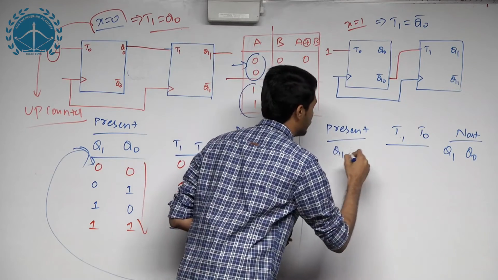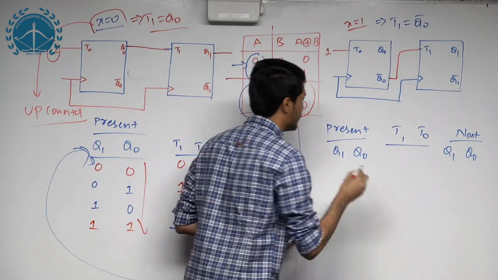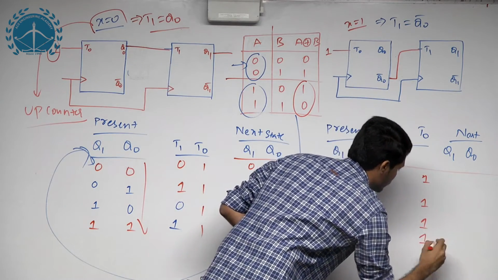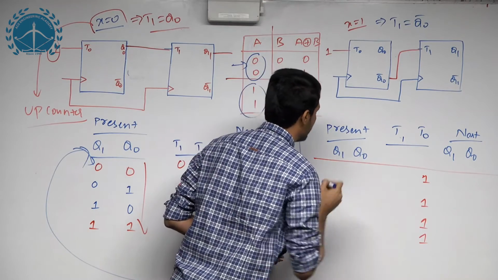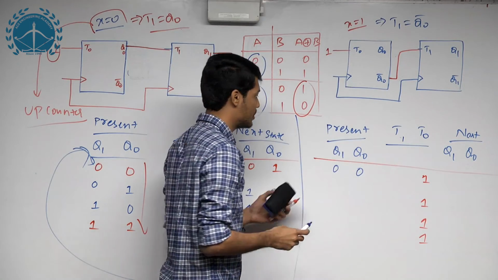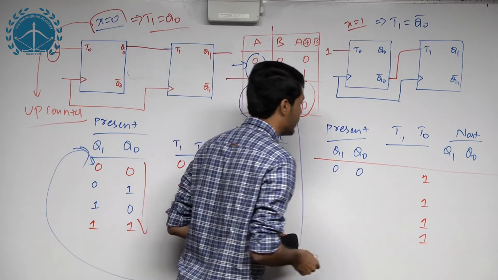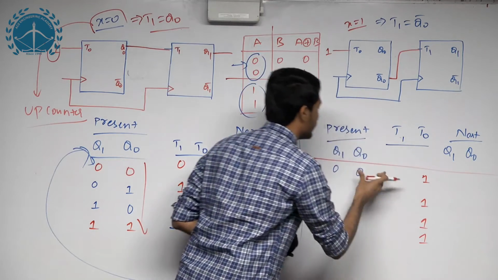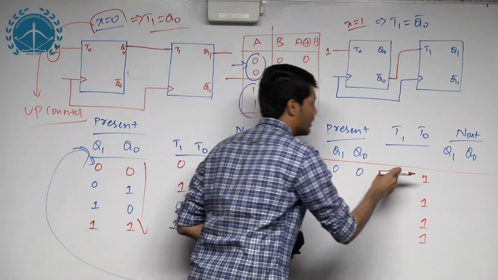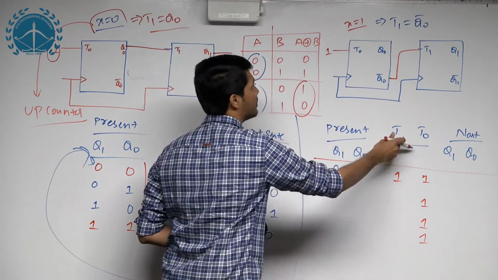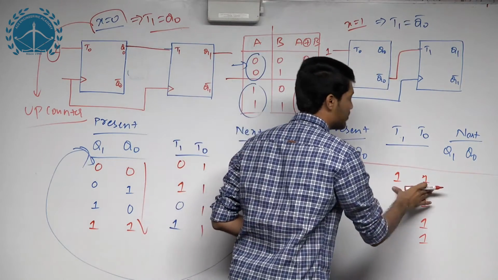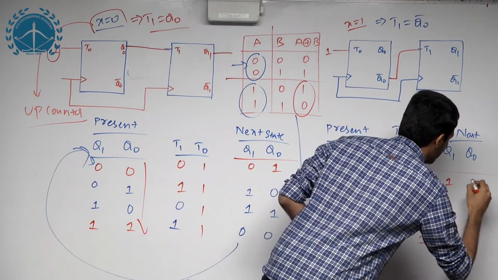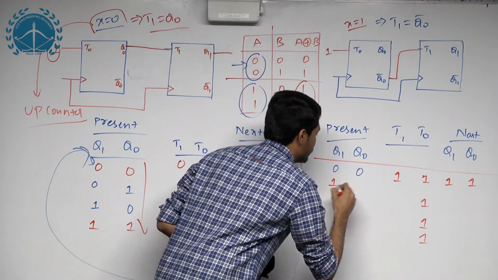As I already told you, T0 is always 1, it was clamped to 1, and the present state we will assume as 0 0 initially, and you know T1 is nothing but the invert of Q0. Now since Q0 is 0, T1 will be 1 here, since T1 is equal to Q0 bar. So both the inputs are 1, so both the states will toggle from 0 0 to 1 1. Now my next state is 1 1.